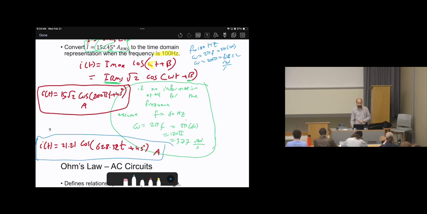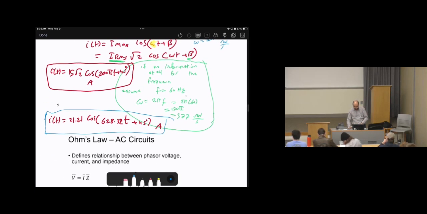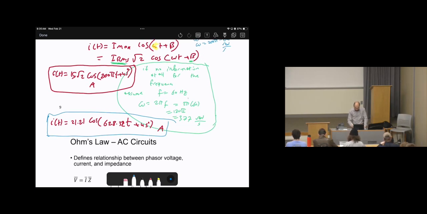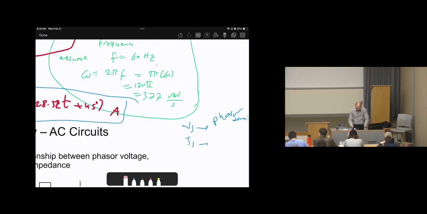Okay, any question? Now, the next thing is, now we know how to convert voltage source and current source to phasor domain. We know how to convert v of t, i of t, in phasor domain, it will be V bar, I bar.